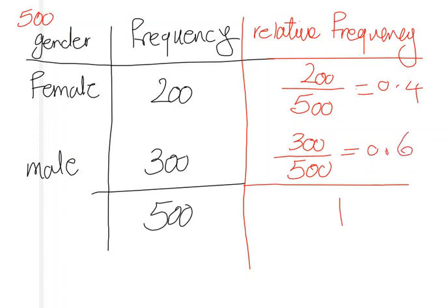So the relative frequency here shows that 40% of people are female and 60% of them are male.